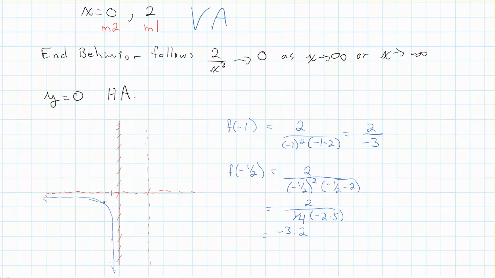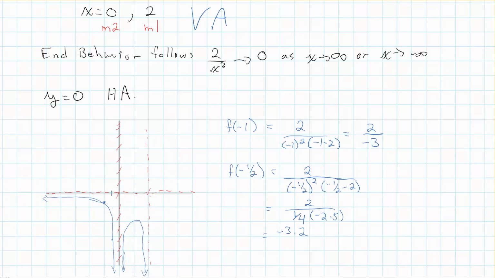I know that the multiplicity of this vertical asymptote here at x equals 0 is 2, which means it has to come here. And then what do I know? There's no x-intercepts, so I can't touch the x-axis, so it's going to come up. Now I don't know how far. I'm just going to sketch this because these are sketches, so it's going to come up a little bit, but then it has to turn and go back down because there's no x-intercepts, and I have to go to either positive or negative infinity on this vertical asymptote here.